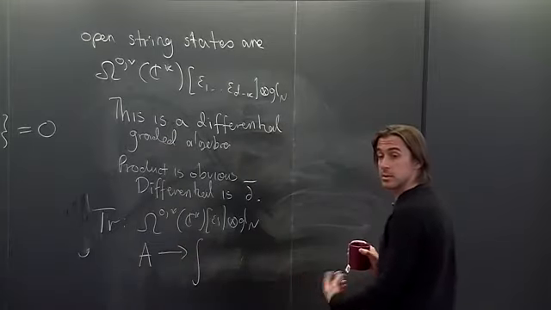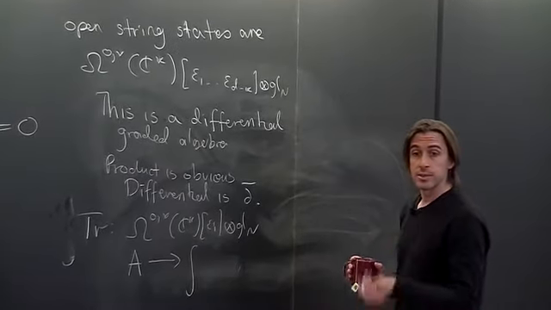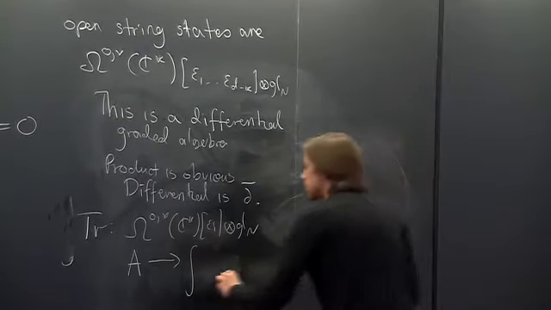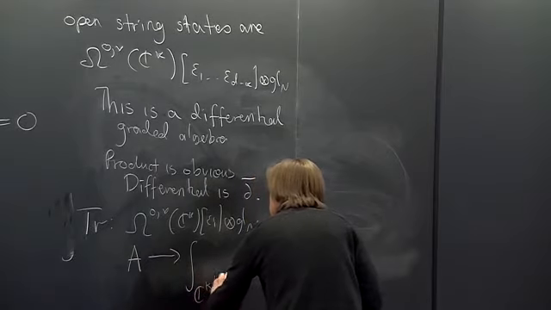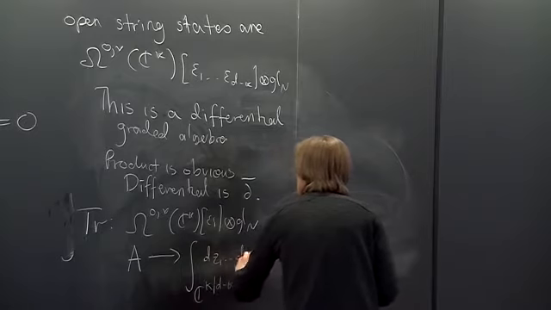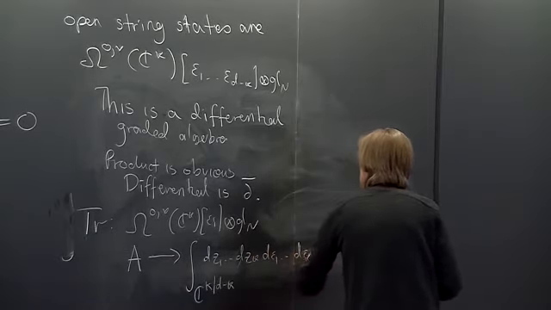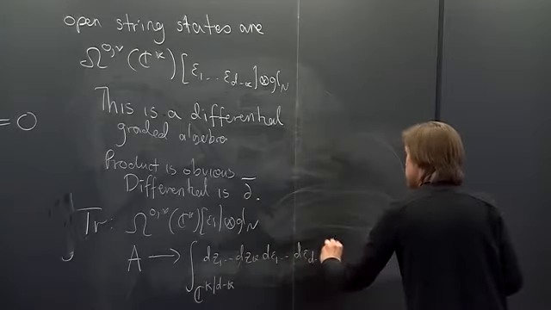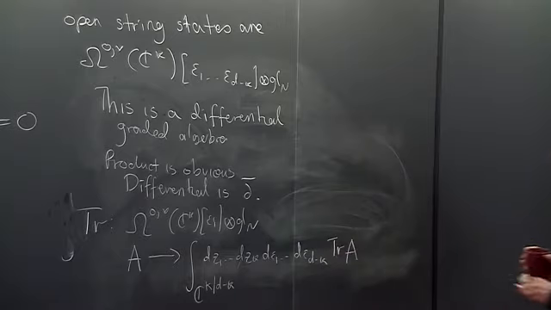Now here we're going to use a Berezinian integral. These epsilon i's, they're odd variables, so we can do a Berezinian integral over those variables. So it's the integral over C^k with d minus k odd directions of dz1, up to dzk, d epsilon 1, up to d epsilon d minus k, of trace of A. Make sense so far?